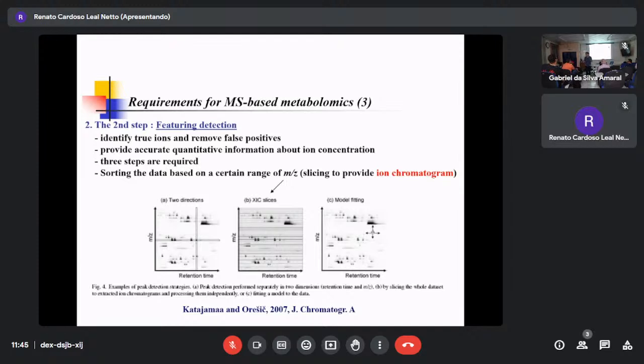How can I remove this one? What's the easiest way? Yeah. The simple way is you inject a blank sample, and then you remove. But sometimes the signal is changing. It's not always coming out. Sometimes it's coming out. Then how can you remove this one?